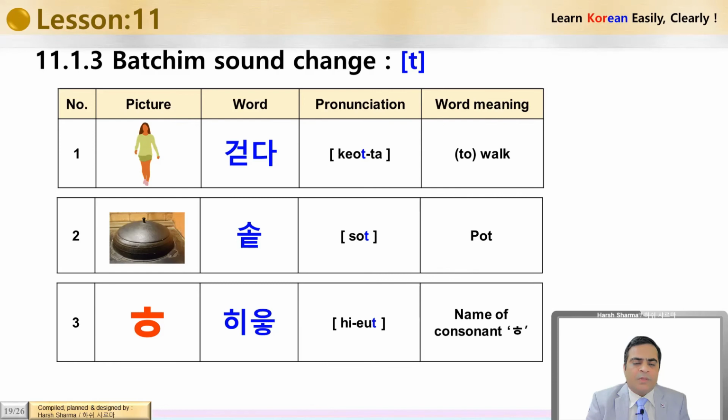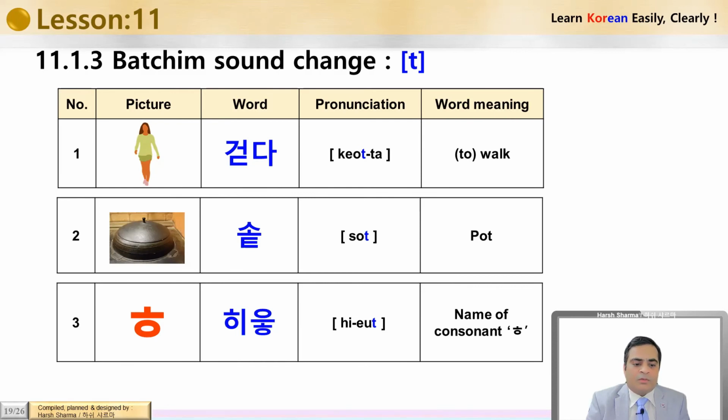So pronunciation will be geotta. Please repeat after me. You don't have to pronounce it as geodda. Not that. Pronunciation will be geotta. Please repeat after me. Say geotta. Well done.